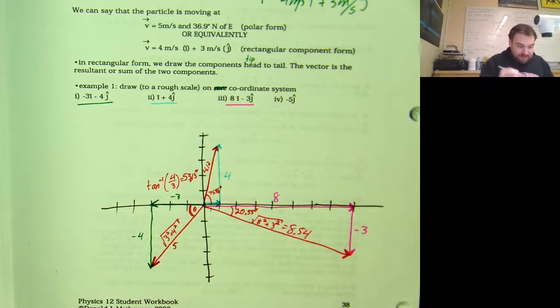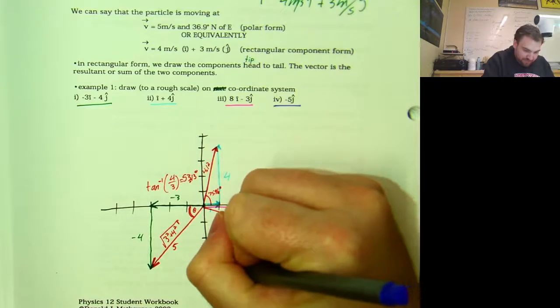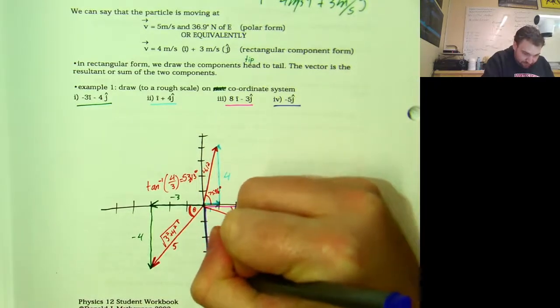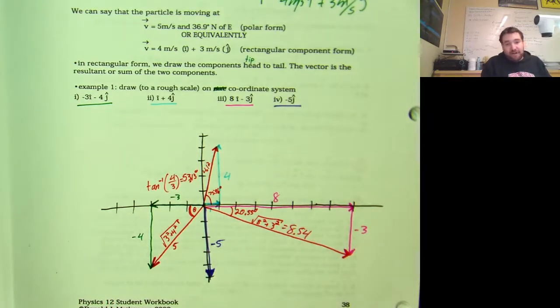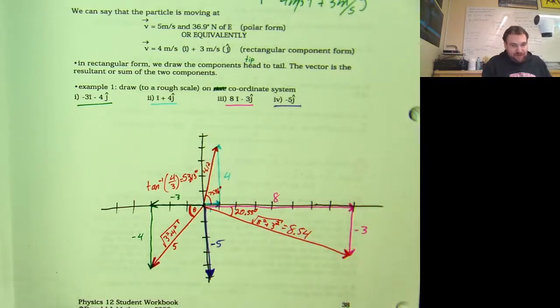And then the last one here, negative 5 j hat, that's just going to be 1, 2, 3, 4, 5 straight down. So that's negative 5. And because it's not going off at any weird angles, the representation of this guy is the same in polar and in rectangular.